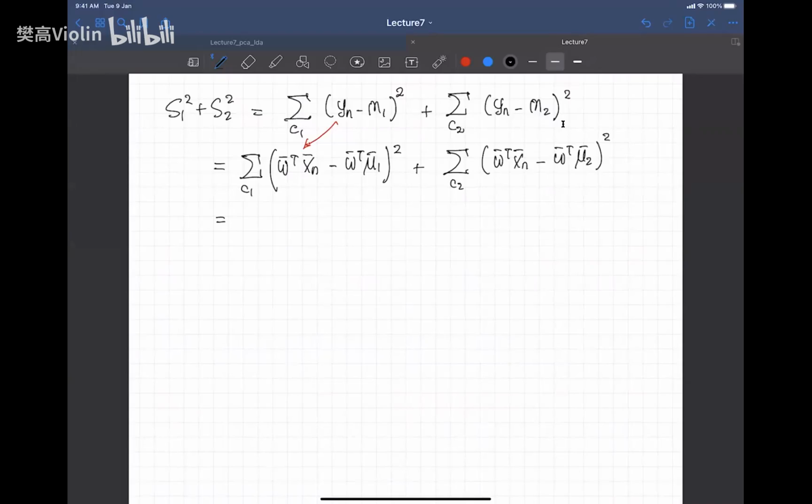Okay, so now let's have this trick. W transpose (Xn minus mu1), square, plus the sum over C2 of W transpose (Xn minus mu2), square.